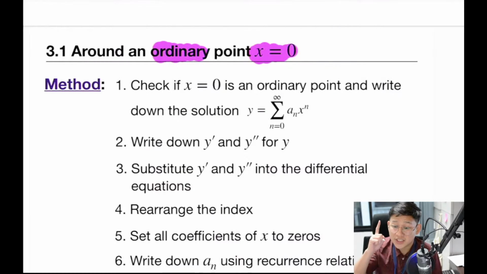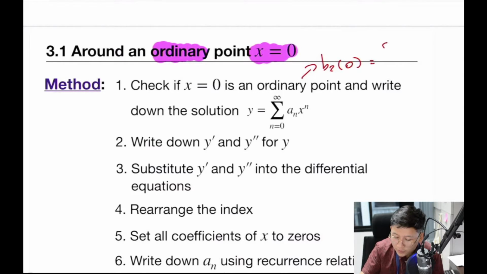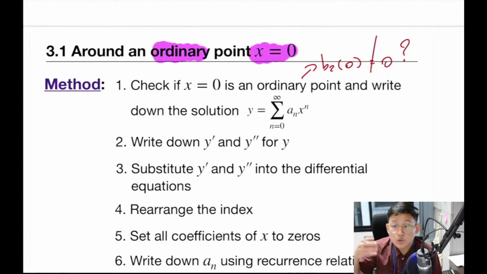So you check if x equals 0 is an ordinary point, by looking at b2(0), whether or not it is 0. It shouldn't be 0. If it's not 0, it means that it's an ordinary point. If you forget that, go back to section 2.